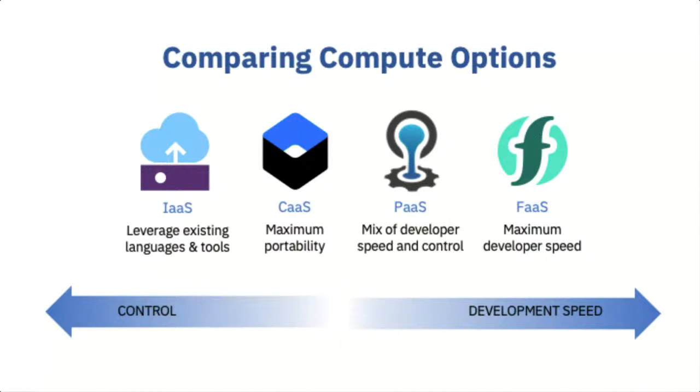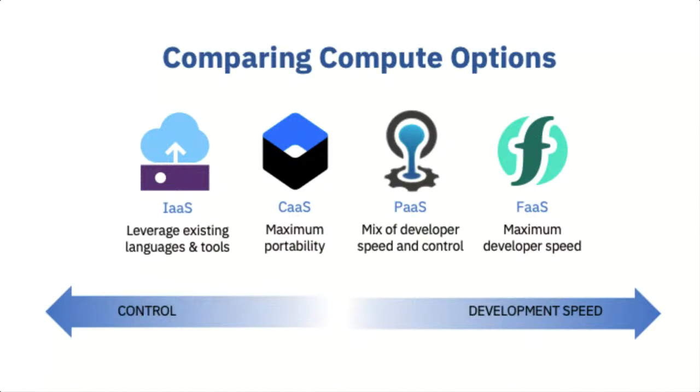Next option we have is platform as a service. That's going to be things like Cloud Foundry. We're going to take a look at IBM Cloud Kubernetes as a service that we provide as a PaaS solution. We also have Red Hat OpenShift, a platform as a service offering we have as well.